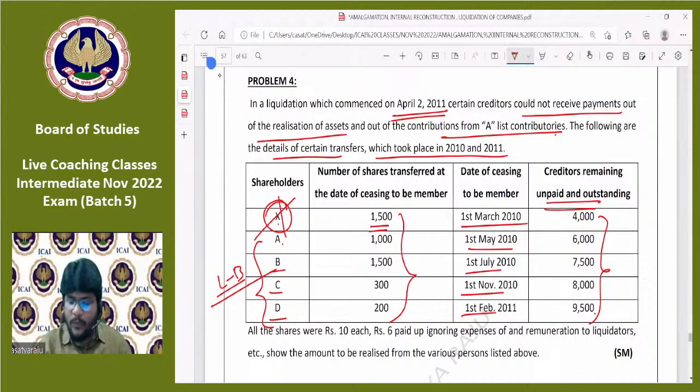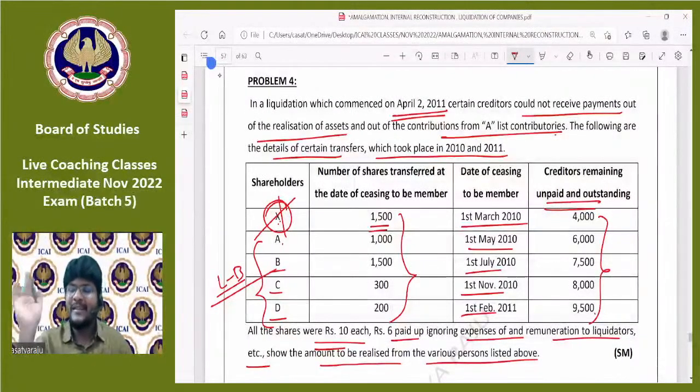All the shares for 10 rupees each, 6 rupees paid up, ignoring the expenses of and remuneration to the liquidators, etc. Show the amount to be realized from the various persons listed above. Now from X, nothing we can realize straight away. From A, B, C, D, how much we need to realize in the form of list B contributories we need to calculate. Now consider it, guys, all of you.